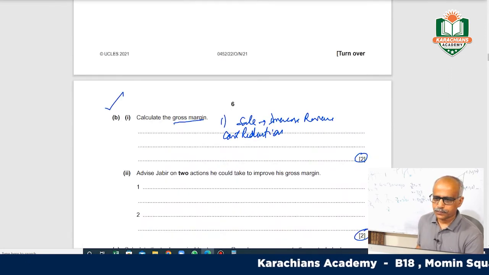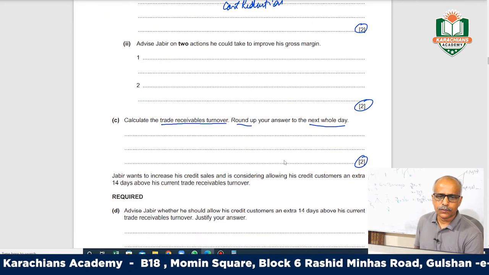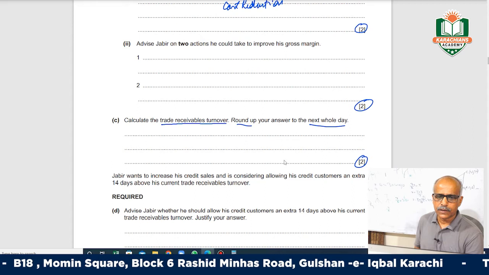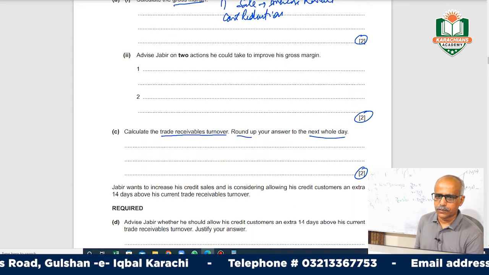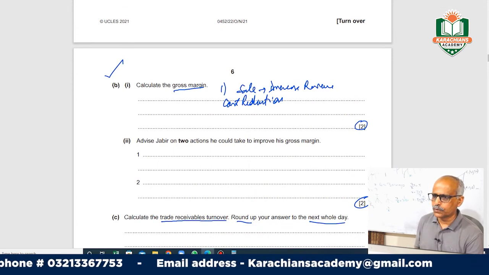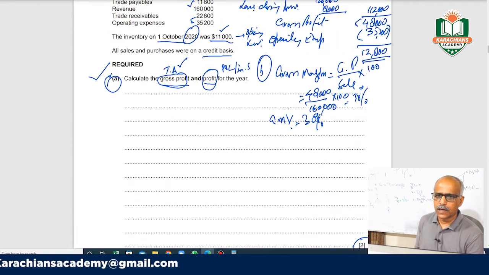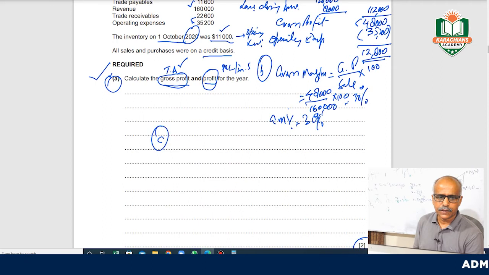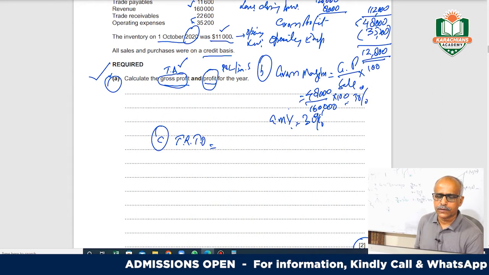Move on to the next question. You have to calculate the trade receivable turnover. So how do we calculate the trade receivable turnover? I'll be calculating here B and C, this trade receivable turnover. How do we calculate this?